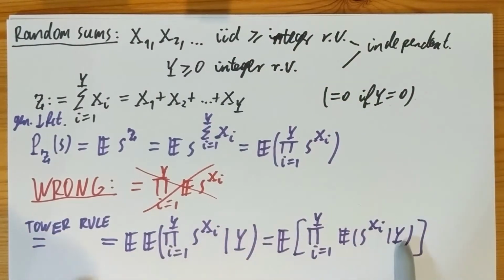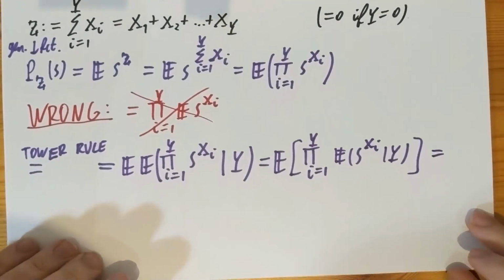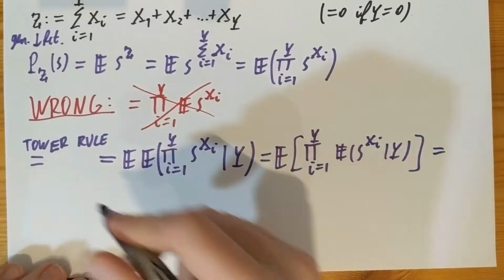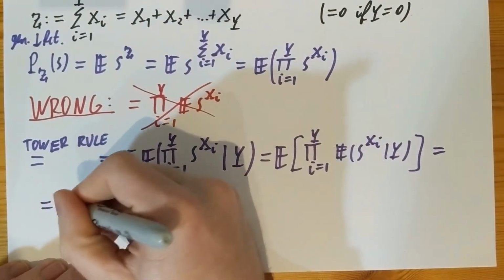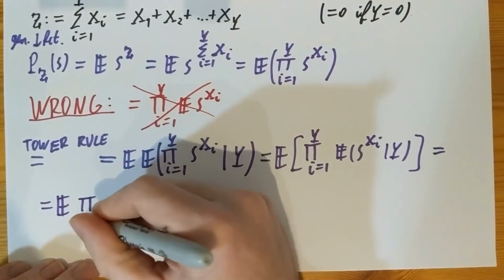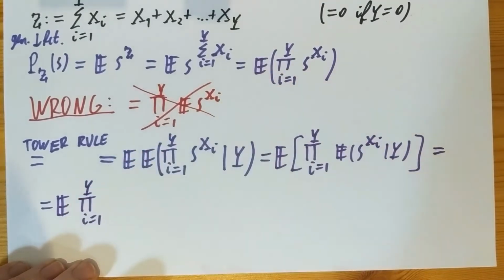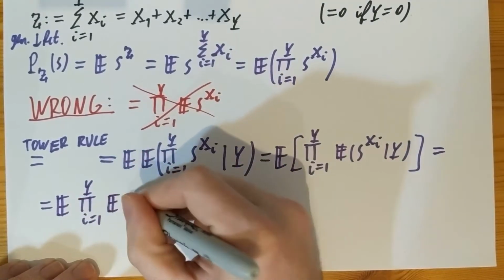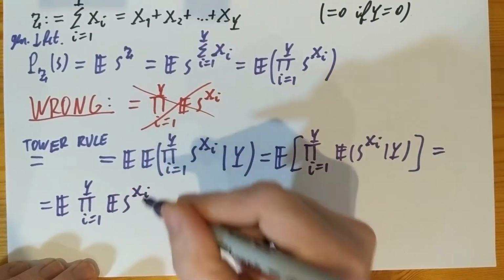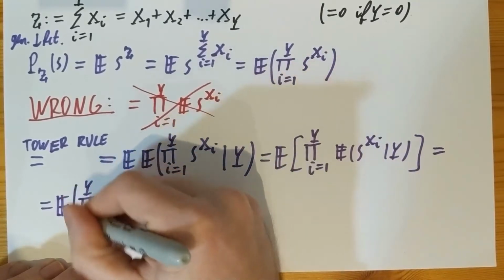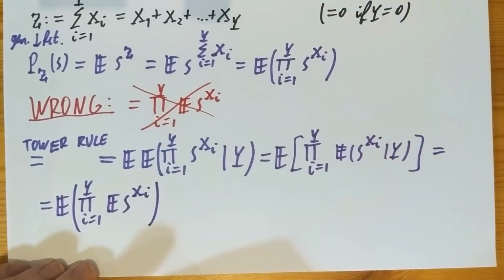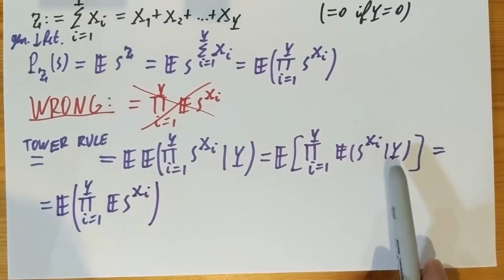If I condition on y, the expectation of s to the xi stays the same, so I don't actually need the condition inside these expectations. So I have the expectation of the product from 1 through y of the expectation of s to the xi without any further conditioning. Like this. Okay? So this step is because the y and the xi are independent.